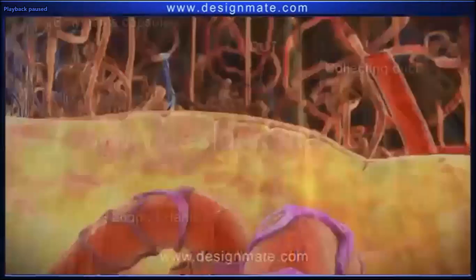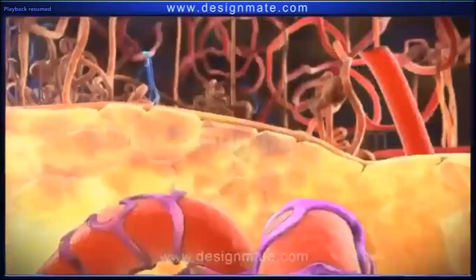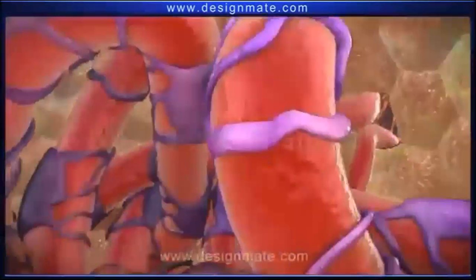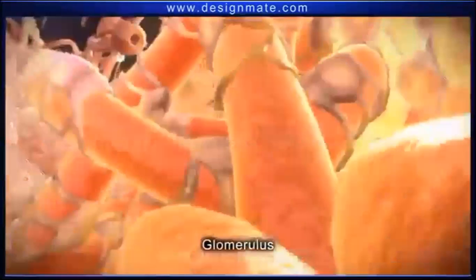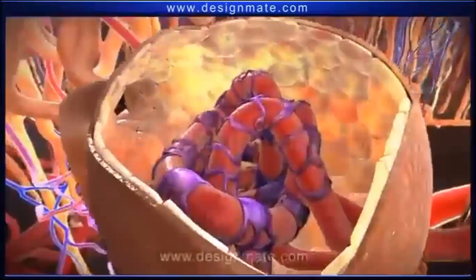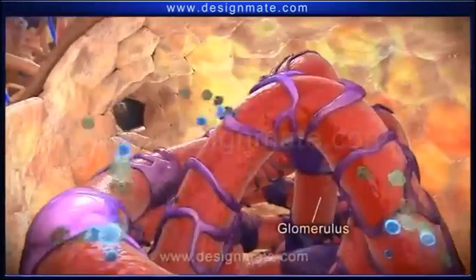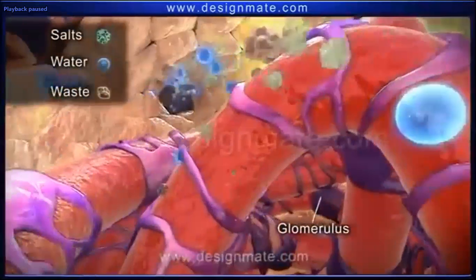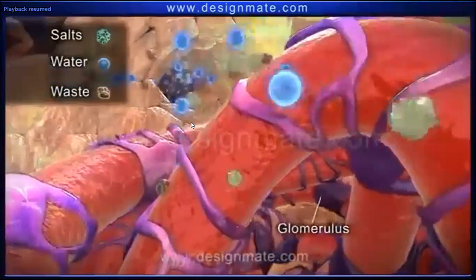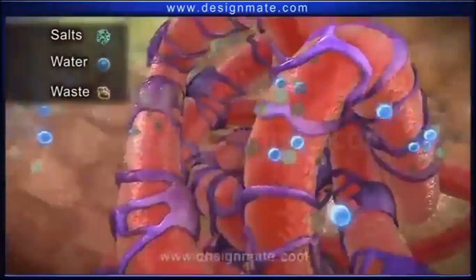The collecting duct opens into the pelvis of the kidney. The bunch of capillaries, the glomerulus, is present in the Bowman's capsule. The absorption process is continuous. It is a cyclic process, right?